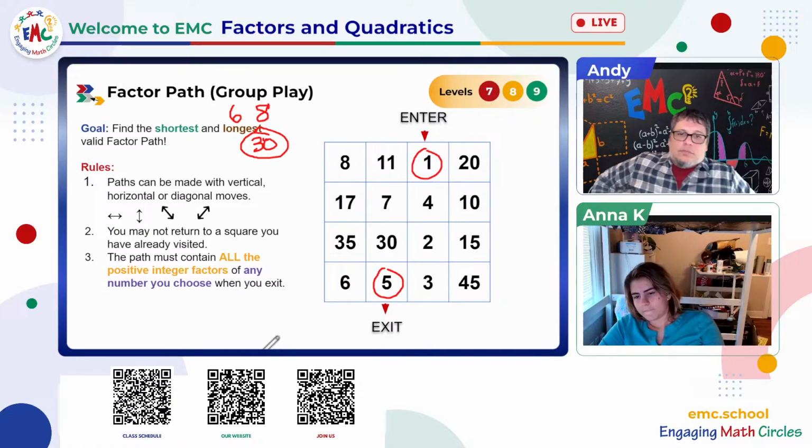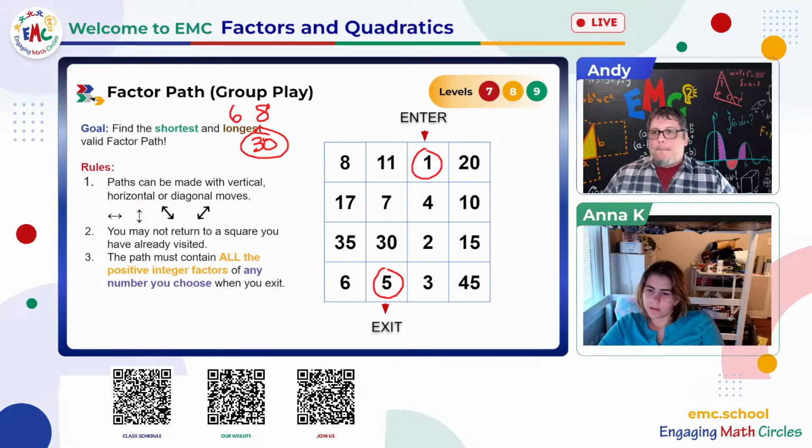Yes. If we can go here for a four-square path. Four-square path with the number 10.